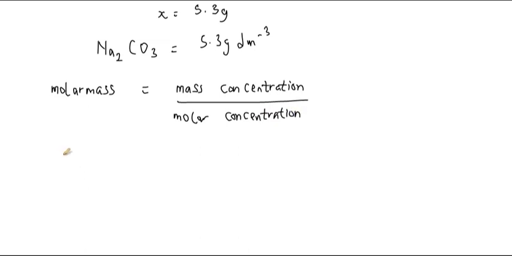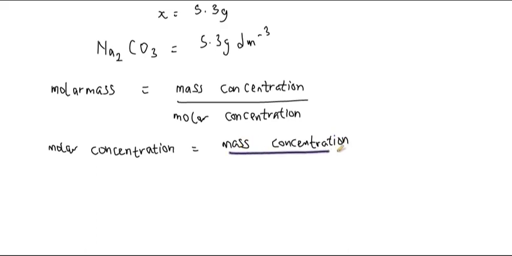Since we are looking for the molar concentration of sodium carbonate, we make the molar concentration the subject of the formula. So molar concentration equals mass concentration divided by the molar mass.